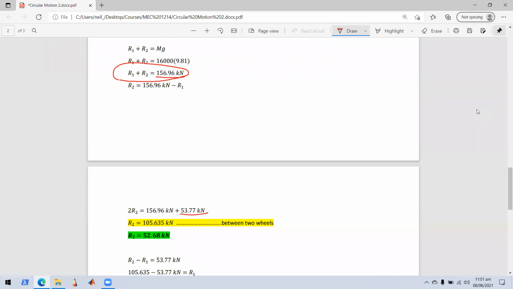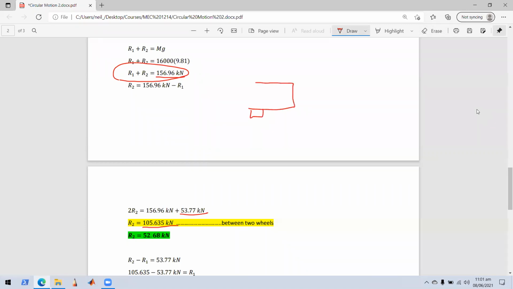You add those two up, you should get somewhere around 200 and something. Then you divide by 2, you should get 105. So after solving this equation, R2 is equal to 105.635 kilonewtons.